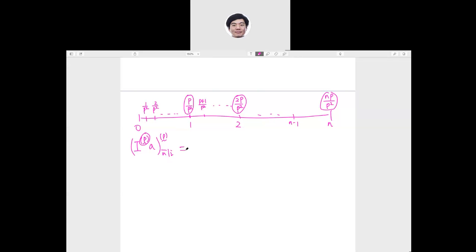Within the first year, if you factor out p squared, what you have is 1 times v^(1/p), 2 times v^(2/p), goes all the way to p times v^(p/p).